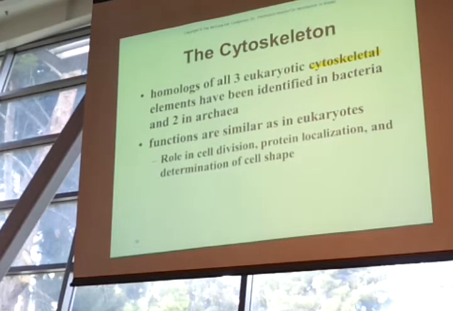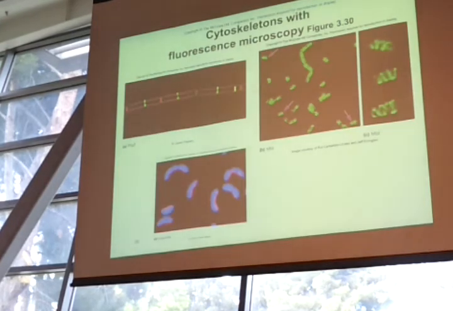It's not really fully understood, and they definitely don't all have some kind of additional structural component. So the cytoskeleton would just be something similar to the type of cytoskeletons that you see in eukaryotic cells. This just shows some of them in fluorescent.